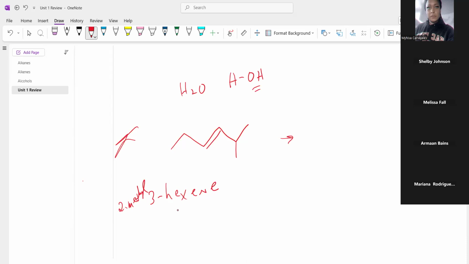So we still need a 6 carbon backbone. And the OH is going to form here and here.